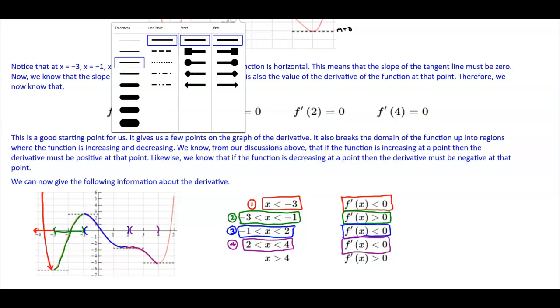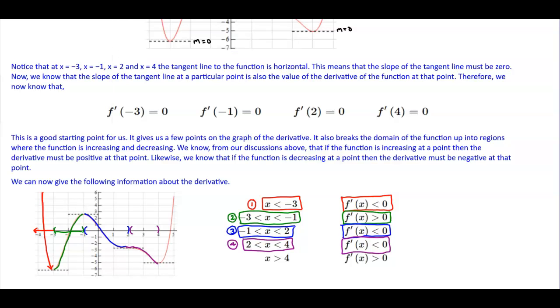Okay, and then if we look at the last one here, this is where x is greater than 4. If you found tangent lines on that curve, we would say that the slopes are increasing.